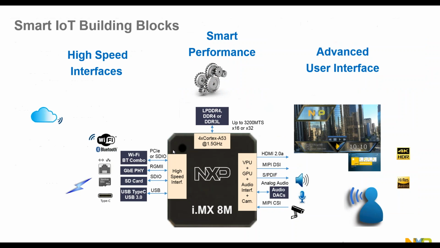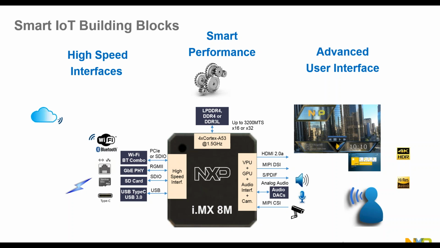And to start to close up on the message that I would like to convey on the hardware considerations and trends of the embedded designs, I bring this last generic block diagram of a smart IoT application. So here at the left, you see high-speed interfaces, using for example PCIe and SDIO to connect to the Wi-Fi, Ethernet, now going to gigabit Ethernet, SD cards for memory, USB Type-C with great throughput.